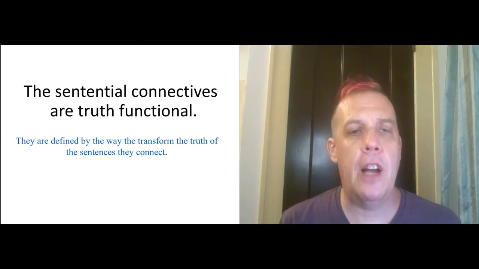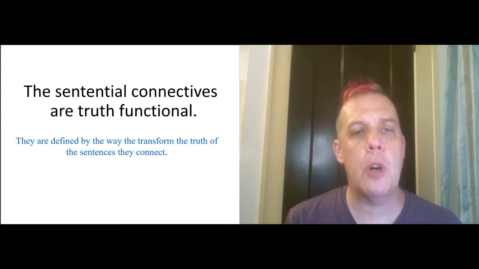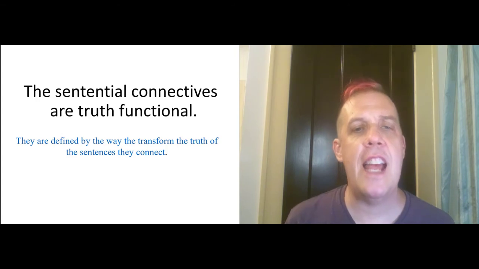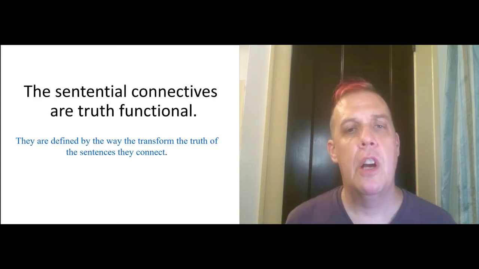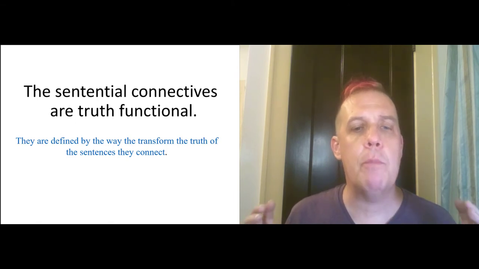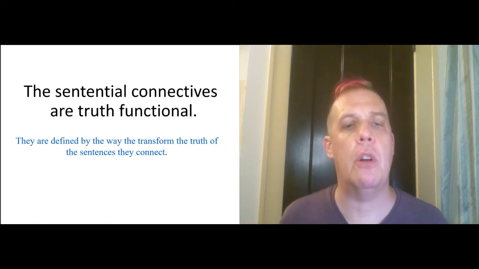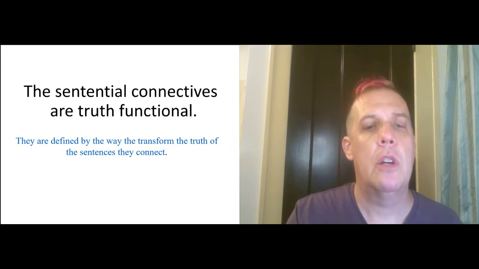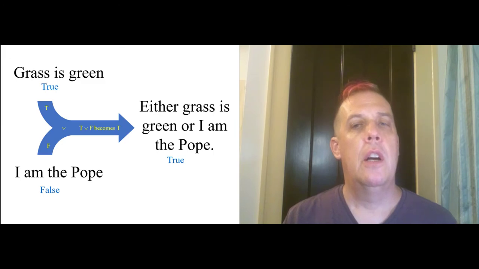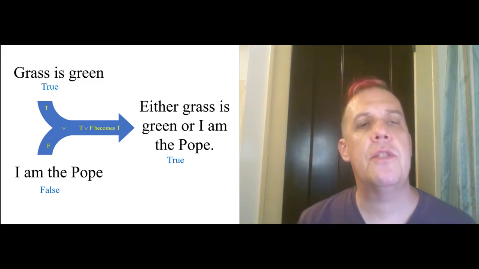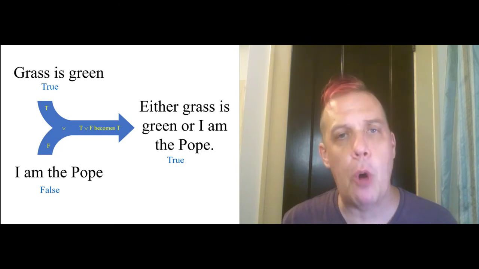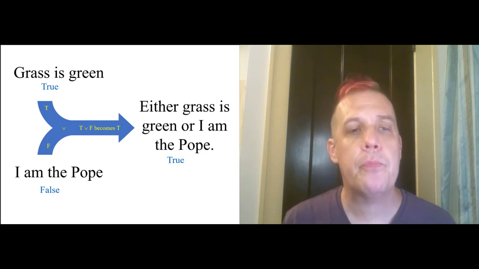They are defined by the way they transform the sentences they connect. So if you have a sentence A or B, A and B have truth values, and then the whole sentence A or B is a simple function on those original truth values. So consider two sentences. Grass is green, which is true, and I am the Pope, which is false.